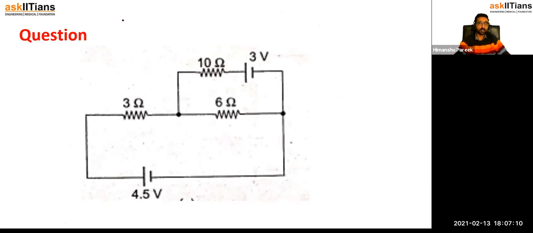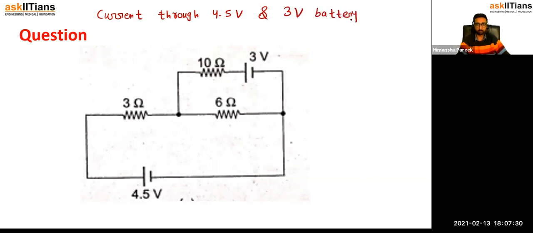We have to find out the current through the 4.5 volt battery and the 3 volt battery. That is what the question is about. Let us solve the question.